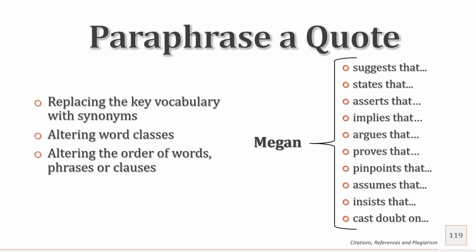So the sentence could be, "A crucial preliminary element in preparing an essay is stating your argument." And we can also use reporting verbs to help us paraphrase a quote. For example, we can use Megan suggests that, Megan states that, Megan asserts that, Megan implies that.